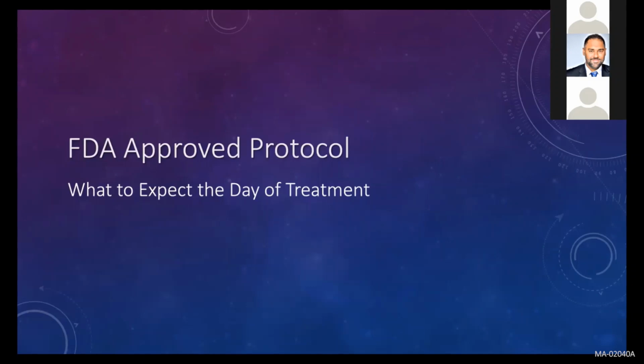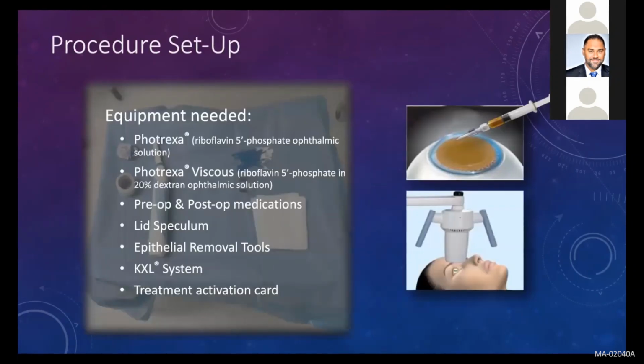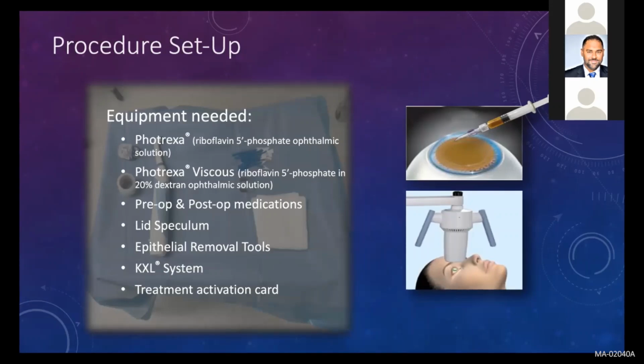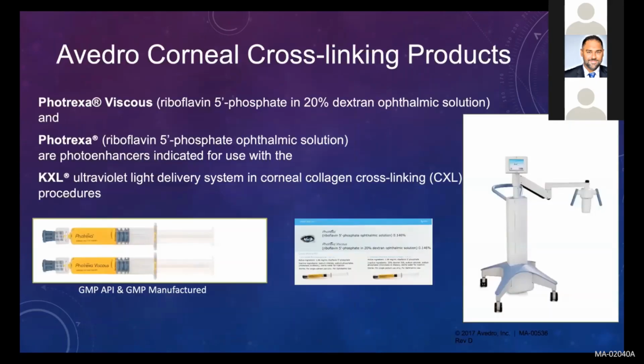Walking through the patient's perspective a little bit, what to expect on the day of treatment. From our standpoint, from the clinicians, Photrexa is required. The Photrexa viscous is also required. Pre-op and post-op meds, a lid speculum, epithelial removal tools, the UVA light system, and the treatment activation card, all of which Dr. Kim has displayed to us early on.